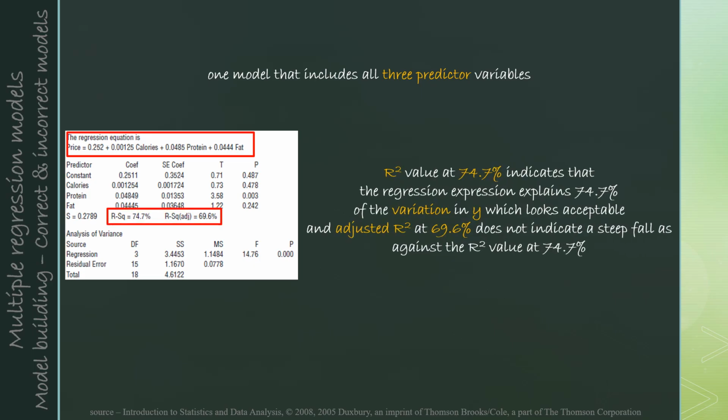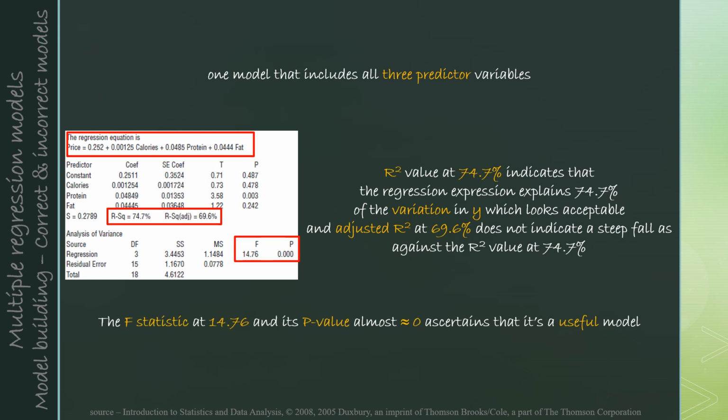R square value at 74.7% indicates that the regression expression explains 74.7% of the variation in y, which looks acceptable, and adjusted R square at 69.6% does not indicate a steep fall as against the R square value at 74.7%. The F statistic at 14.76 and its p-value almost equal to 0 ascertains that it is a useful model.